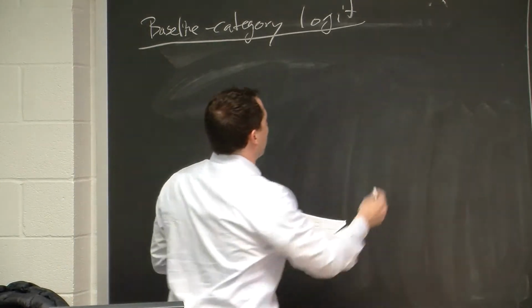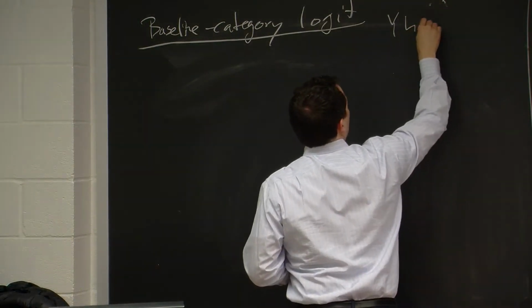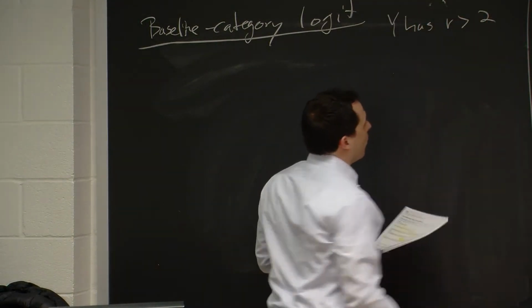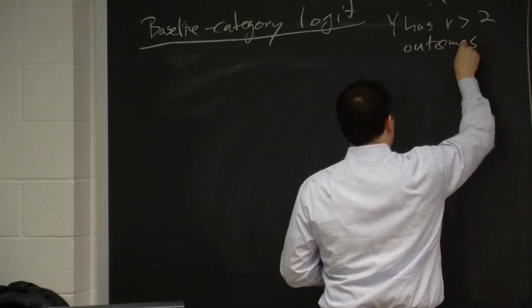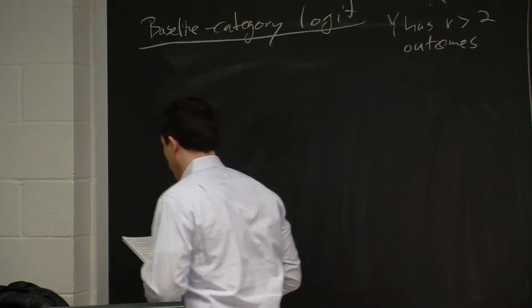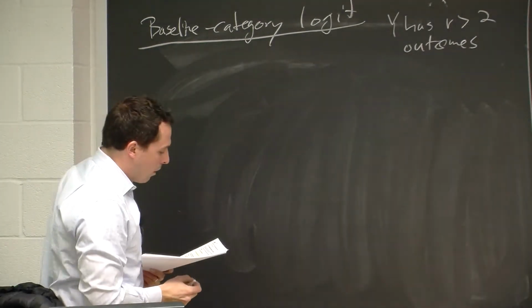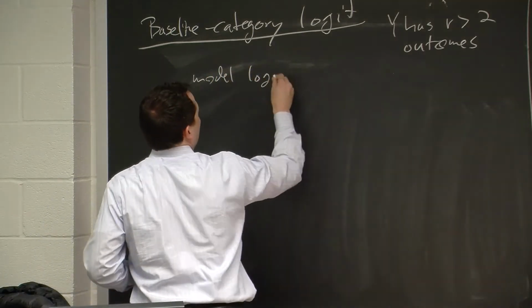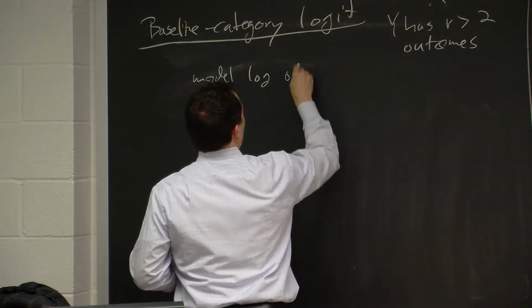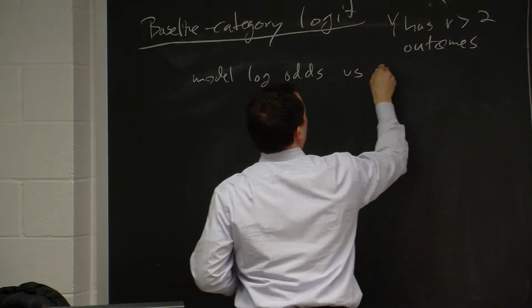So we're in the same situation where y has more than 2 outcomes. And we have some predictors, categorical or continuous. And what we do is we model the log odds with logistic regression, model the log odds versus a chosen baseline.